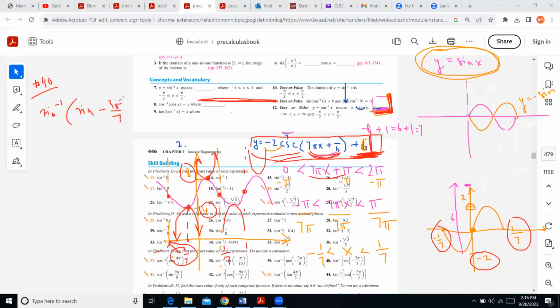So I guess the key idea here is to realize that since this -3π/7 is in the range, something like that, right? So it's in the range of function arc sine, because the range is in between -π/2 and +π/2.